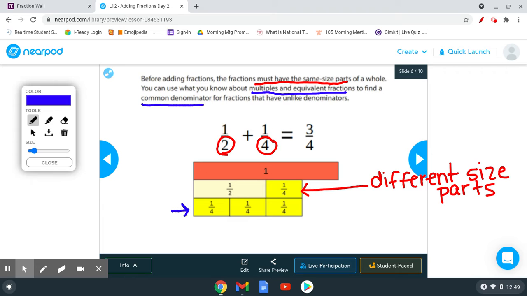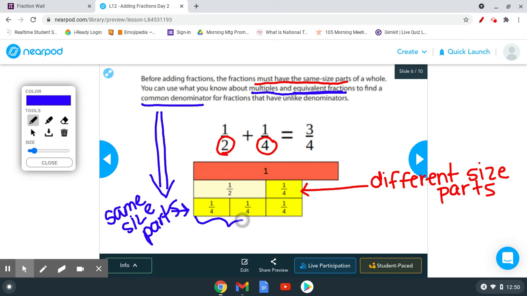So here you can see now we have the same size parts. And that is exactly what common denominators talk about. We are turning our fractions, when we go to add them, into the same size parts using equivalent fractions.